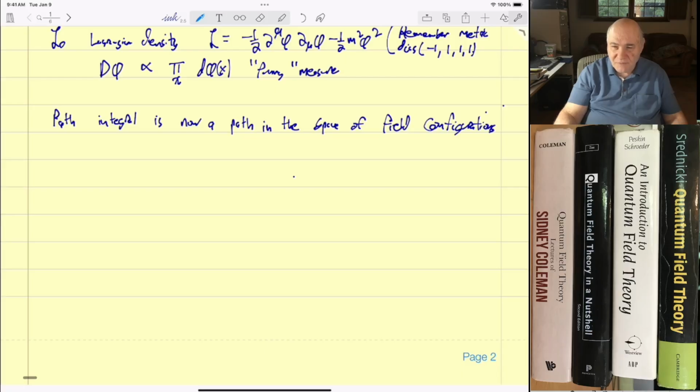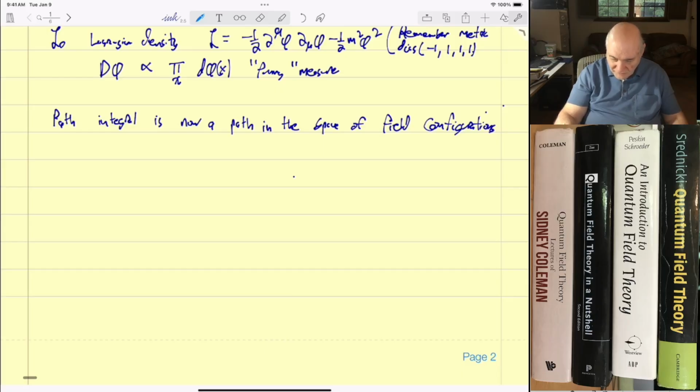we go from one field configuration at the beginning of time, and then at the end of time, at the space-like final time, we have another field configuration. And remember, a field configuration is the value of the field at every point in space.